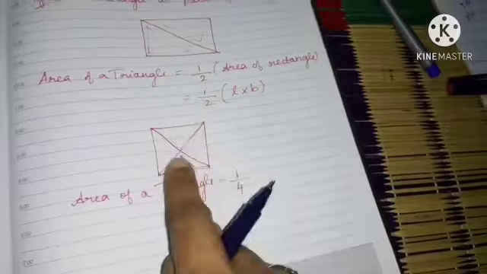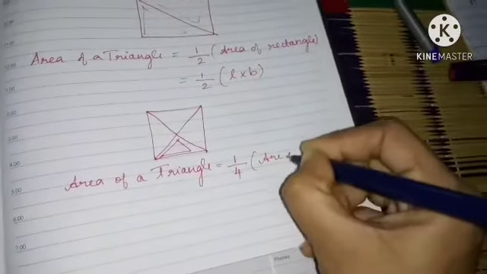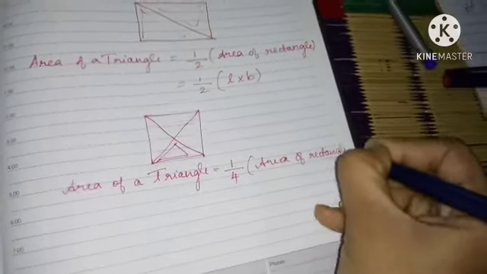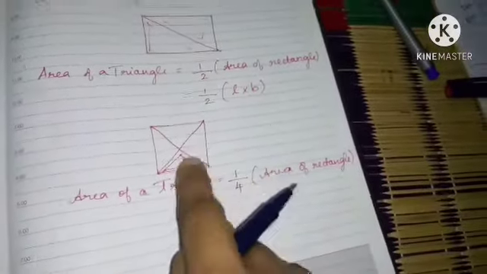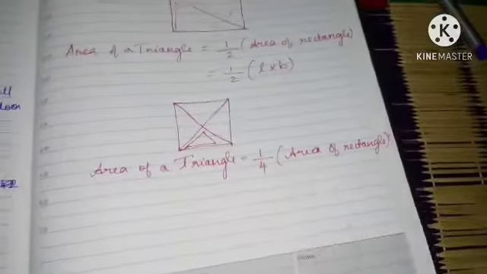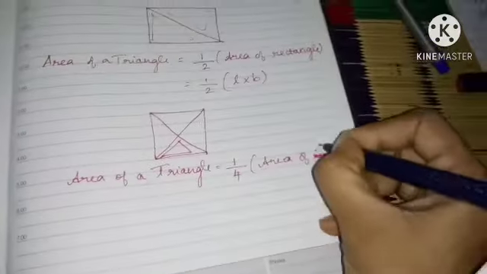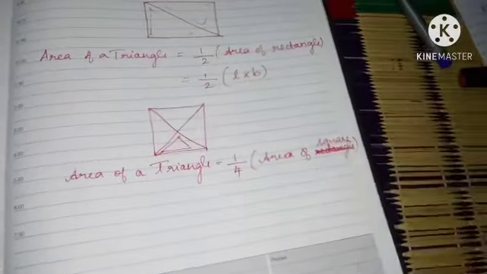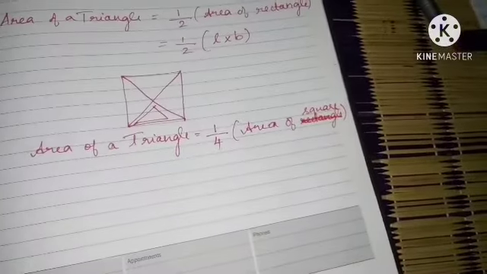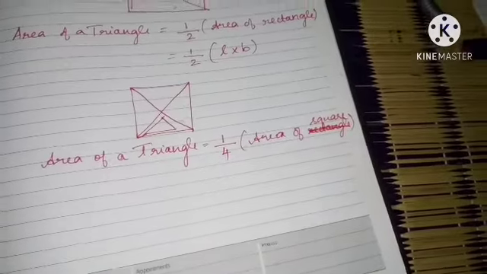In 4 parts, I am taking only 1 part of the area. That's why it is a quarter of the square. So here the area of the triangle is given like that, quarter of the area of the square.